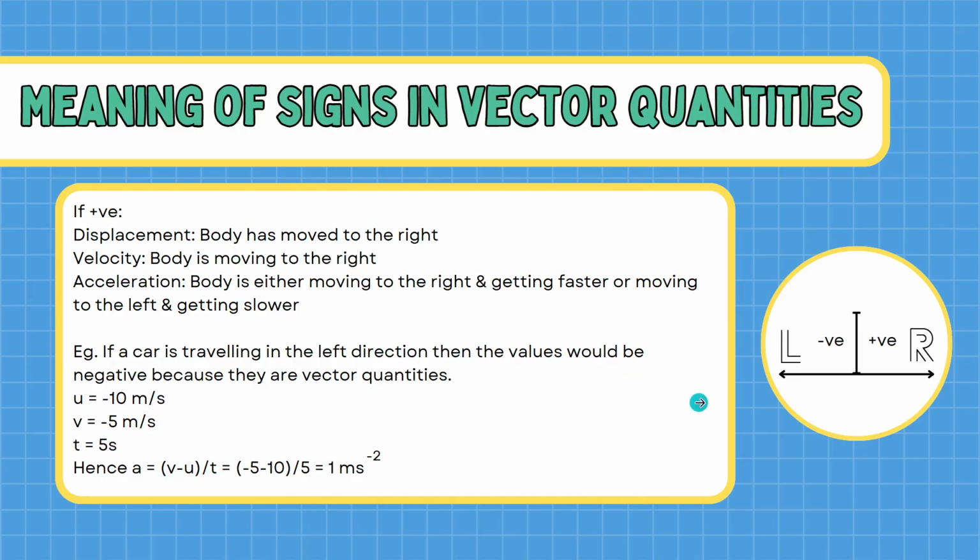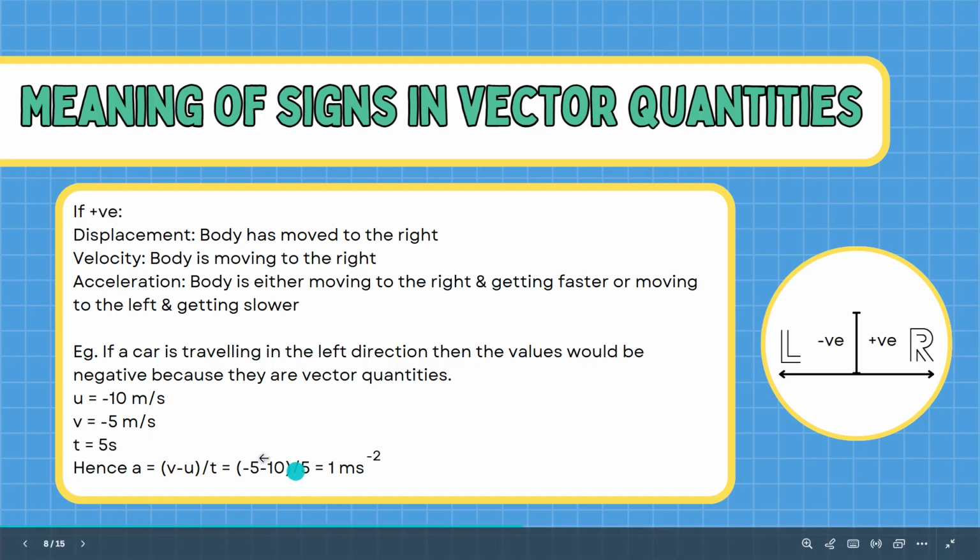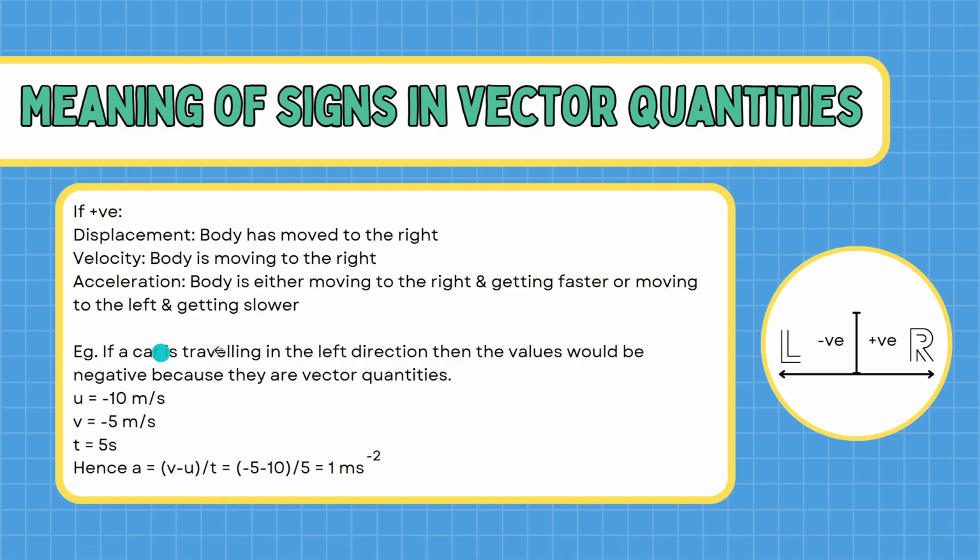The final velocity is negative 5 as well. u is the initial velocity, v is the final velocity, right? So let's say it slows down, and time is, let's just say, 5 seconds for convenience. Using the formula described before, a = (v - u)/t, we find it to be 1 meter per second squared. So this is positive, meaning moving to the left and getting slower.